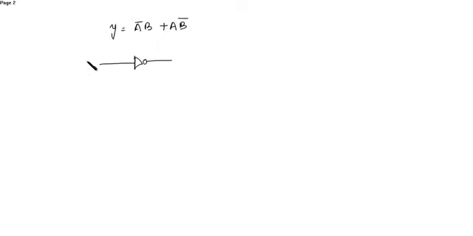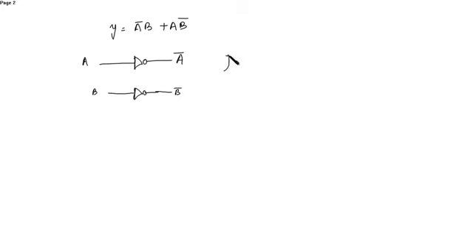If this is A, then this is A bar. Similarly we have B and B bar.